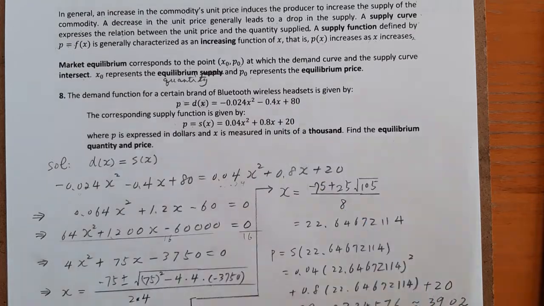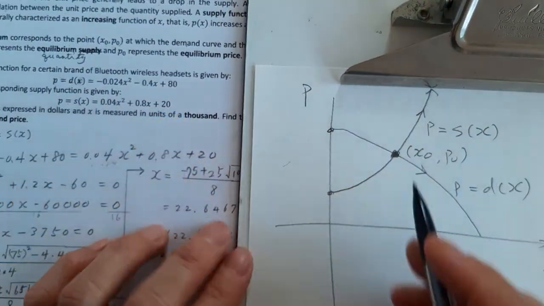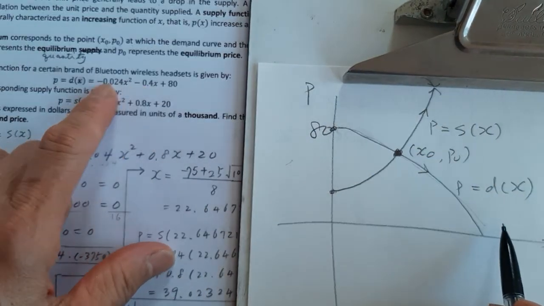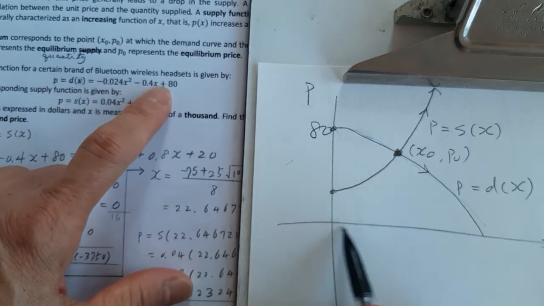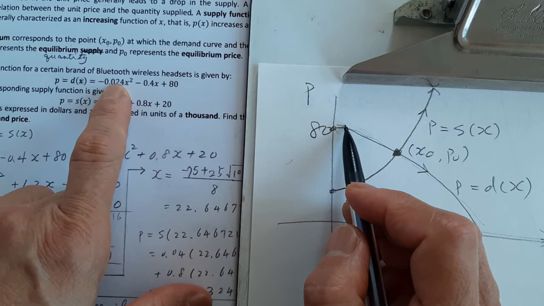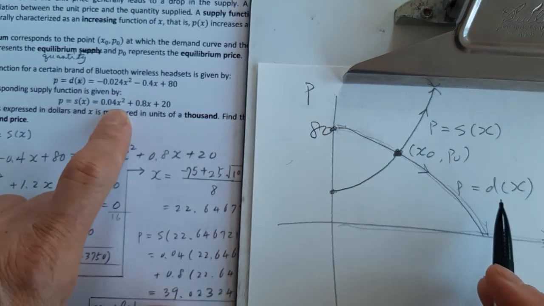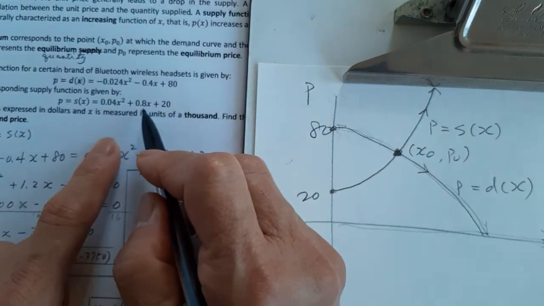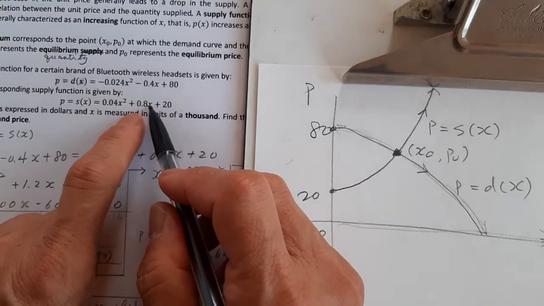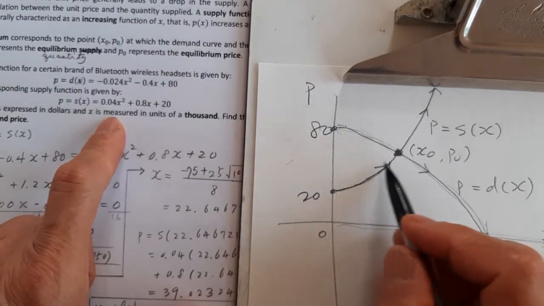This starts at 80, and if you draw the graph, it decreases, because of the minus. As X gets larger, the price, 80 minus those terms, decreases. And this increasing function starts at 20 when X is 0, and then you add, because it's positive.